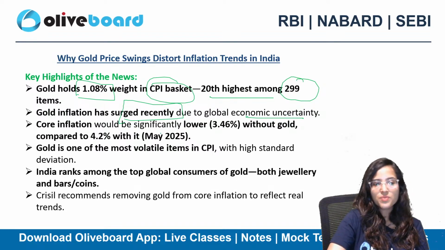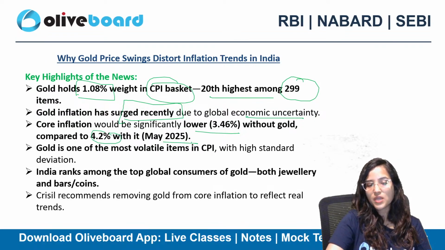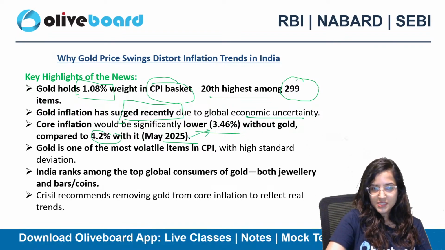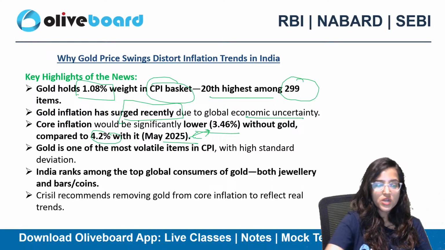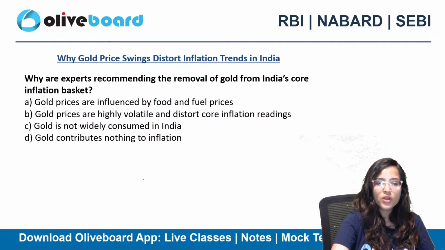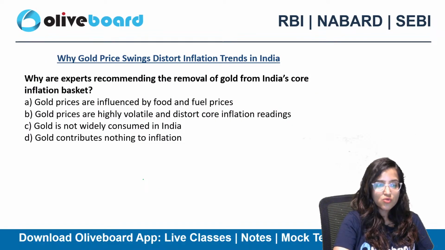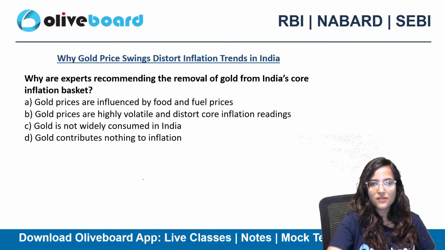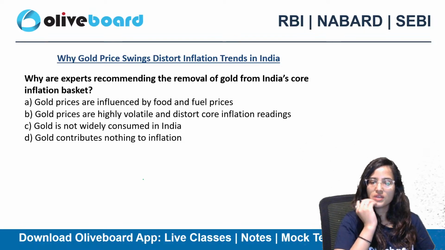Core inflation would be significantly lower, 3.46% without gold compared to 4.2% in May 2025. So we can see the significant difference. Gold is one of the most volatile items in CPI. India ranks among the top global consumers of gold, both jewelry and bars, and therefore, to get a clear picture, we should exclude gold prices from headline inflation to get core inflation.